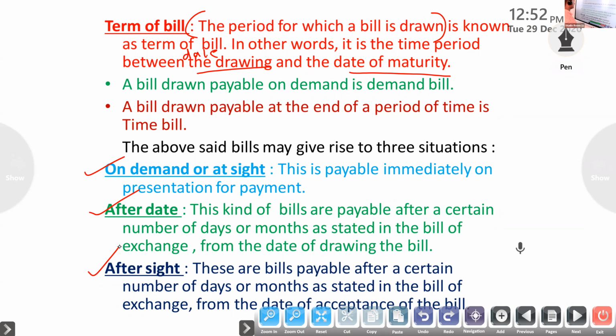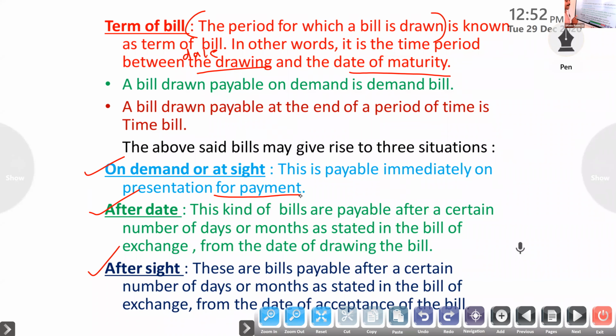First one, bill on demand or bill at sight. This is payable on presentation for payment. Means there is no time period for the term of the bill. No time period. Means this is payable immediately on presentation for payment. When only this liability arises. Suppose I prepared a bill on demand or bill at sight on Sharath.